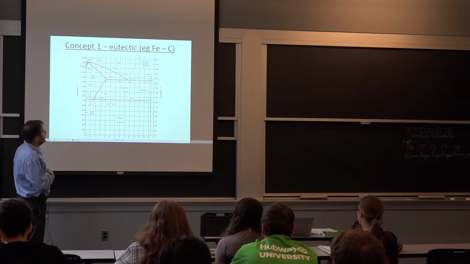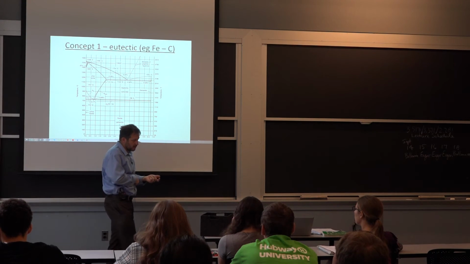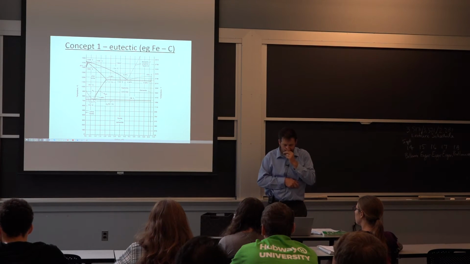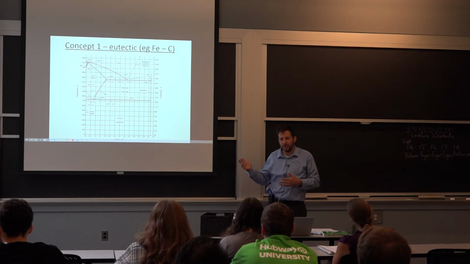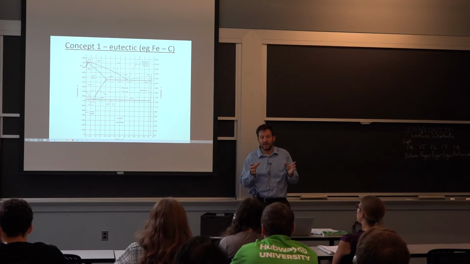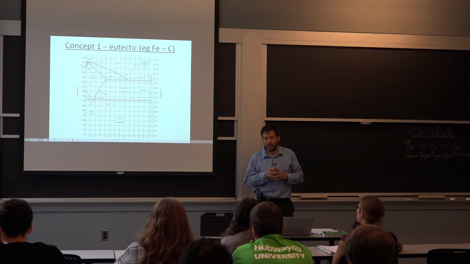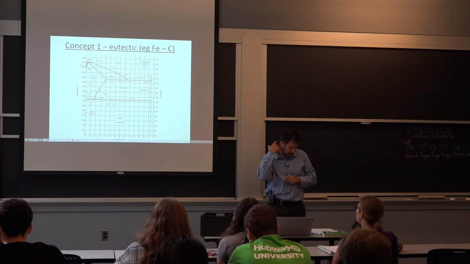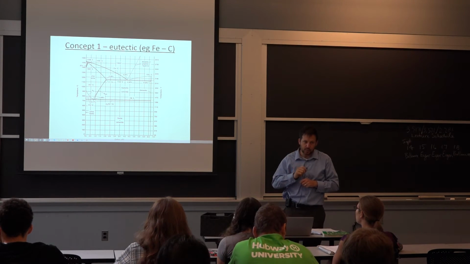This concept of adding, in this case for iron, carbon to reduce your melting point, also allows you to make a duplex structure. What you'll see is as you cool this down, it creates a multi-phase material that tends to be higher strength than if you just had one structure in the material. So what I want to say is a lot of times with castings, that's what you do.